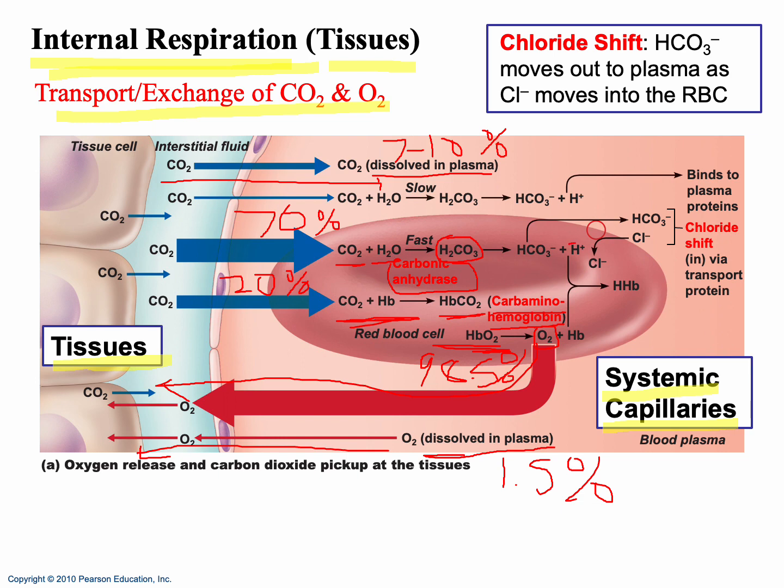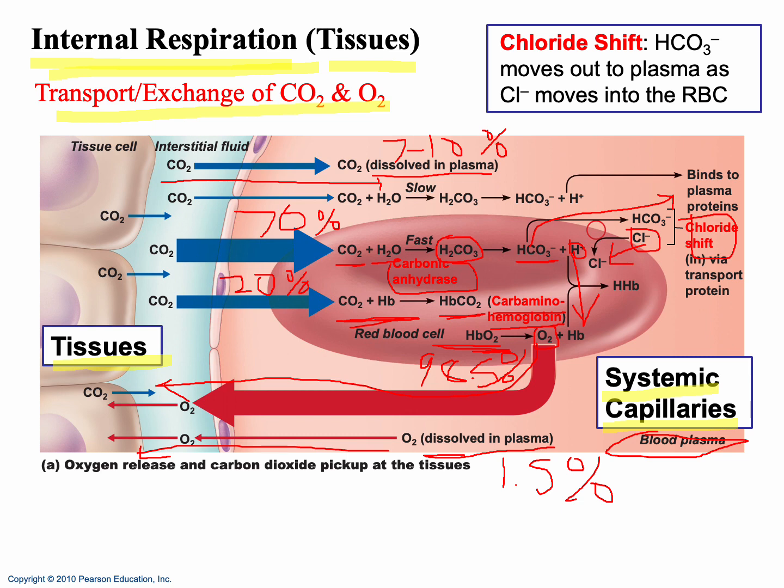A hydrogen ion breaks off, dissociates, and you're left with HCO3, your bicarbonate, your weak base. Then the bicarbonate ion will come off the red blood cell to the blood plasma for transport. It's able to do that because of the chloride shift, which allows the chloride ion to leave the plasma of the blood and go to the red blood cell.